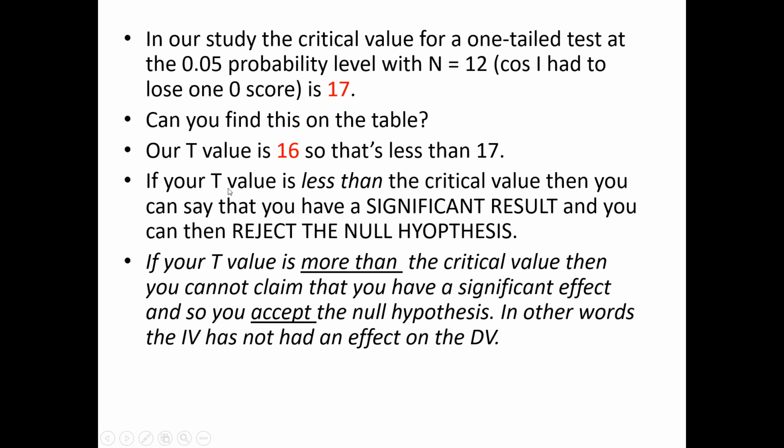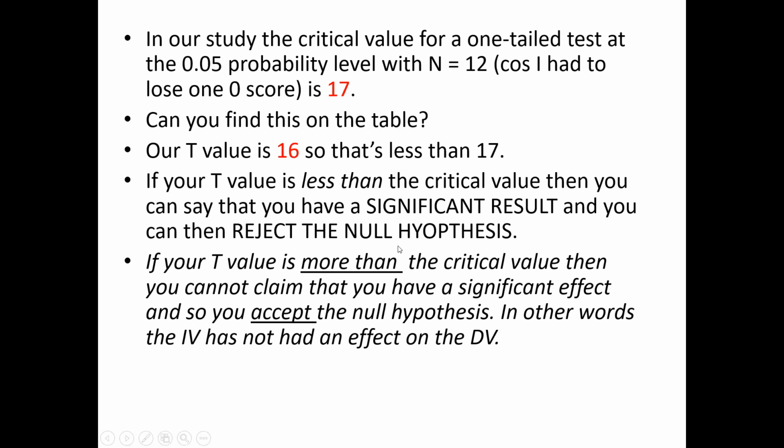So if your t value is less than the critical value, then you can say that you have a significant result, and you can then reject the null hypothesis. So our t value is 16, that's less than 17. We have a significant result, people. We can reject our null hypothesis. Don't worry if you can't do this.